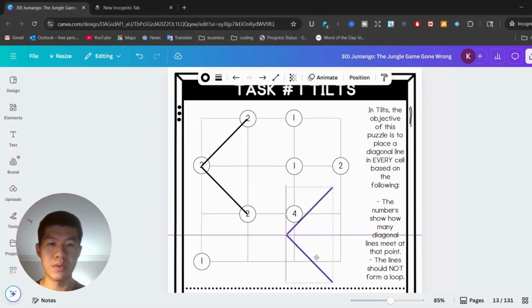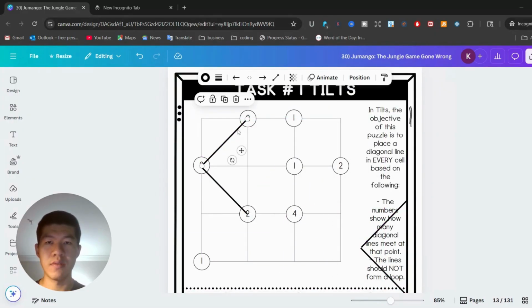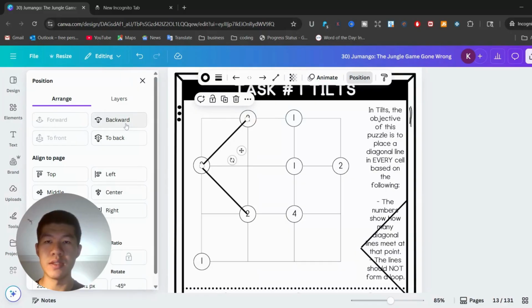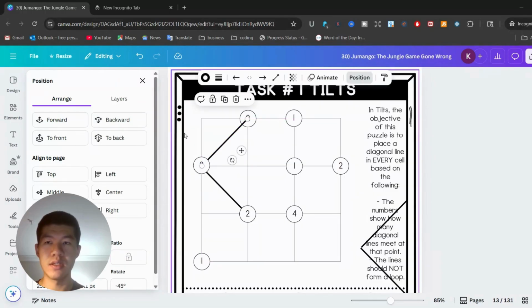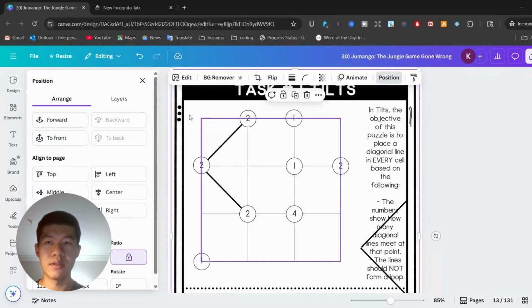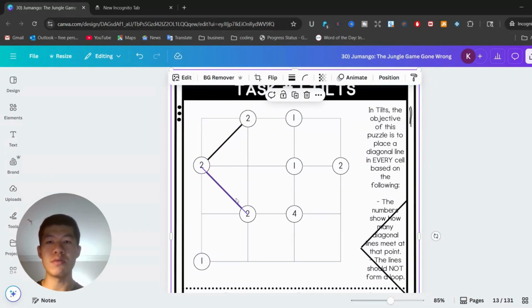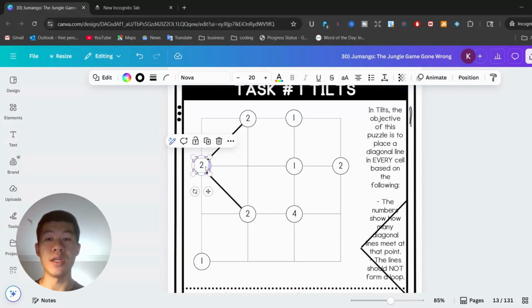So if I move this back, it looks kind of like this. So now you have 2 diagonal lines connecting to this 2 right here.